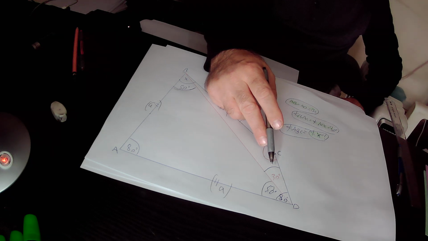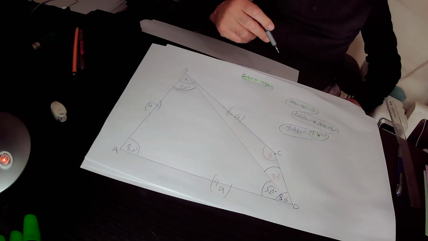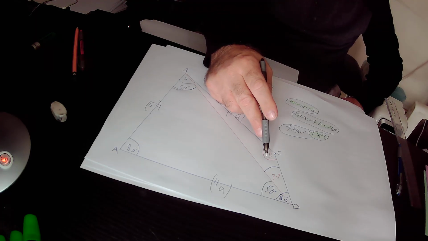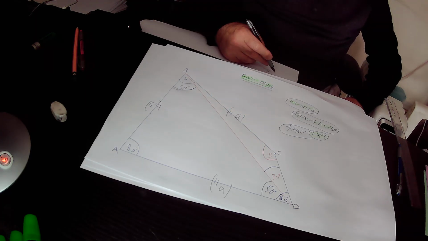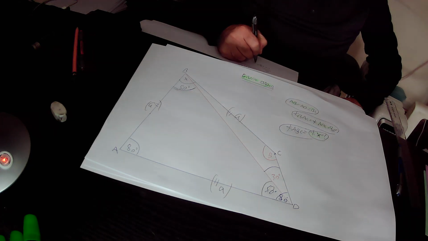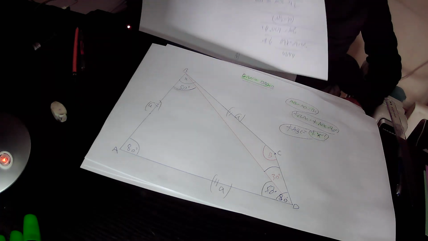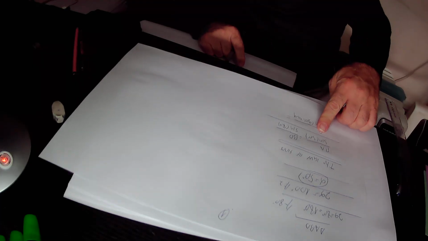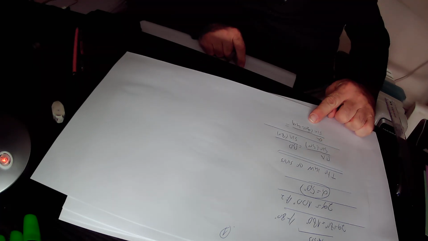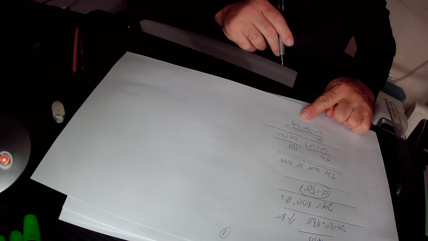So sine 50 degrees equals sine of 90 degrees minus 40 degrees.